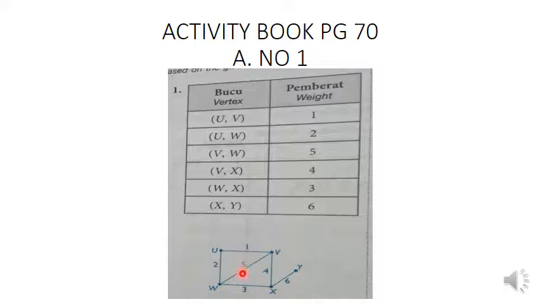W already has, and you already drew the vertex X, so now you join and put the weight 3. Last one, XY. You already have vertex X, and you add one more vertex, that is Y. Now you join X and Y and then put the weight 6. Very easy, right?